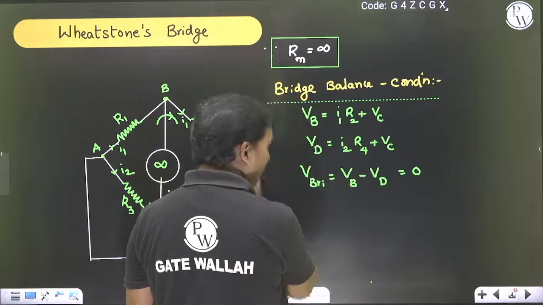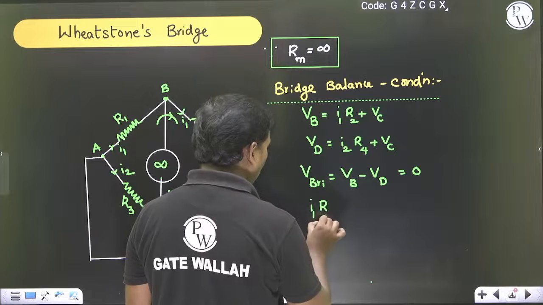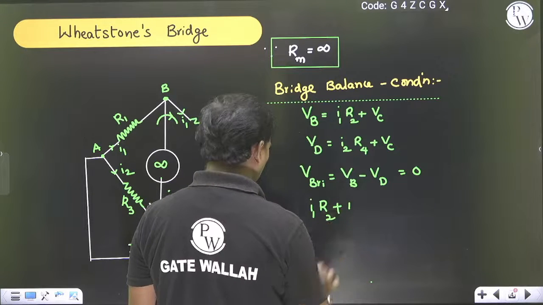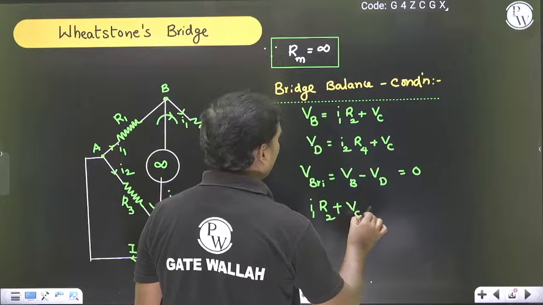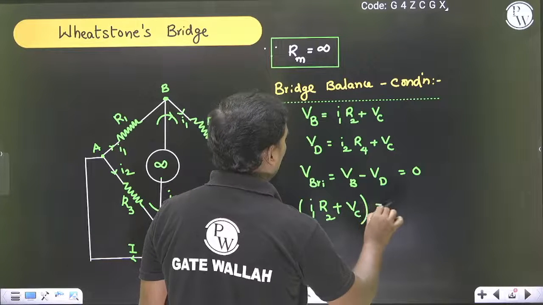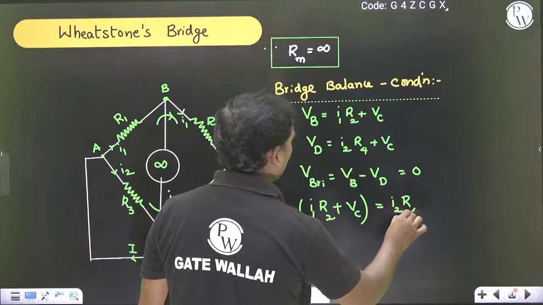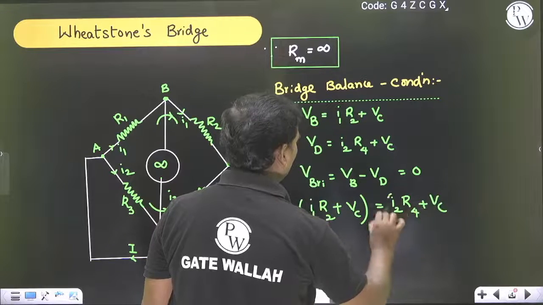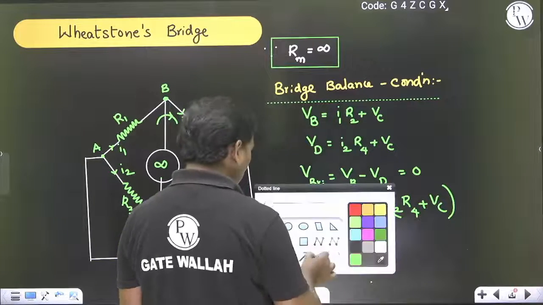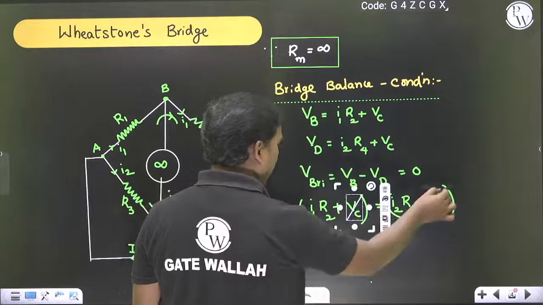VB minus VD is equal to 0 at balance. So I can write I1 R2 plus VC is equal to I2 R4 plus VC. Now this VC gets cancelled.